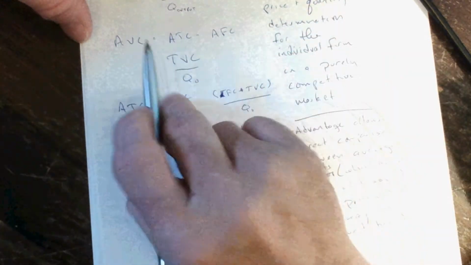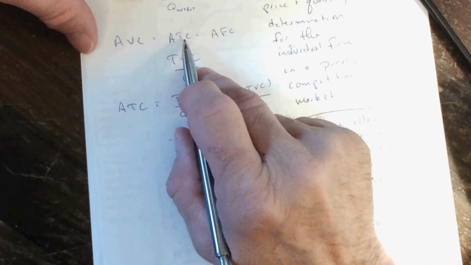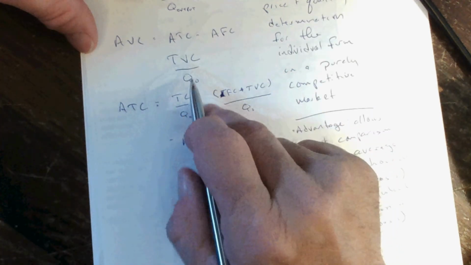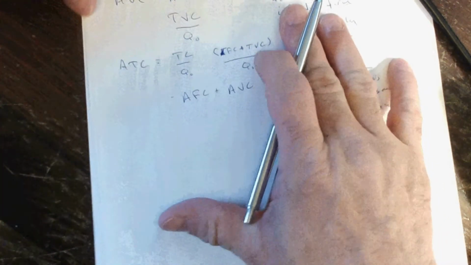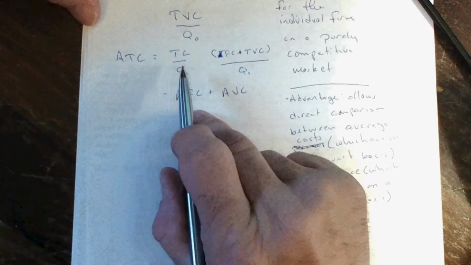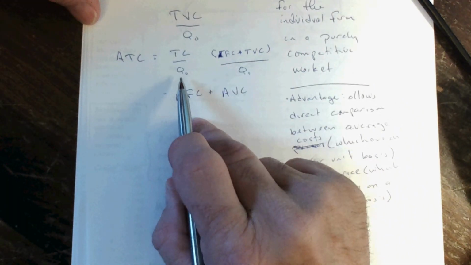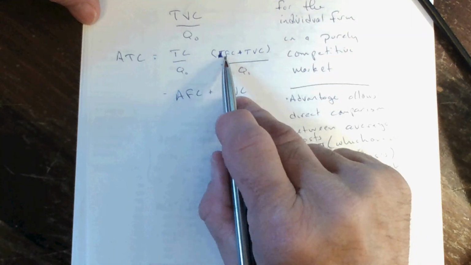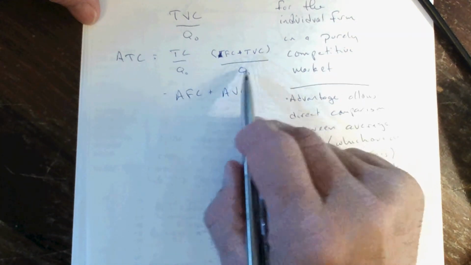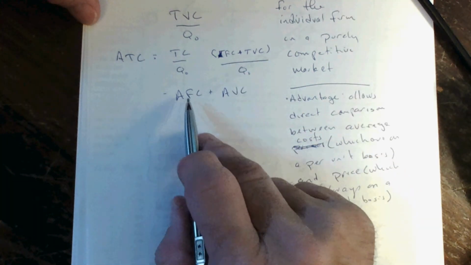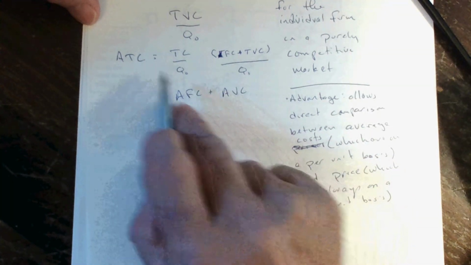Average variable cost can be found by taking average total cost and subtracting out average fixed cost, or by taking total variable cost and dividing by quantity of output. Average total cost can be found by taking total cost and dividing by quantity of output. Remember that total cost is total fixed cost plus total variable cost. Or you can take average fixed cost plus average variable cost to get average total cost.